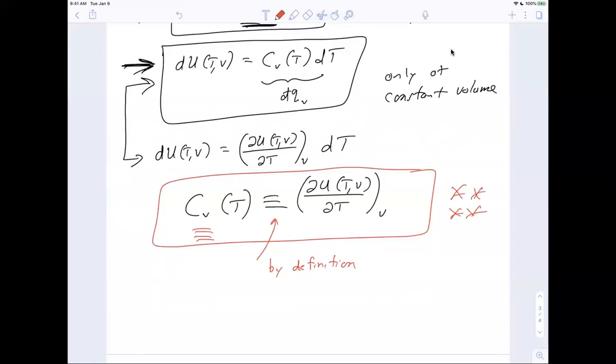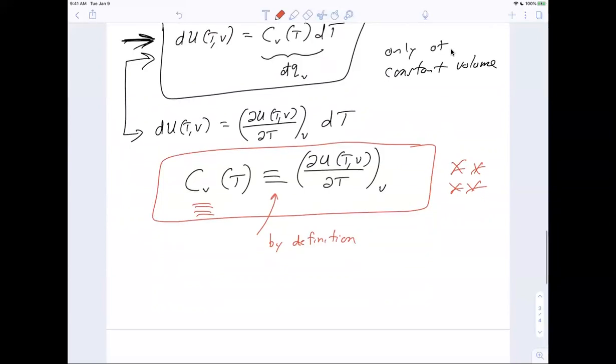But this is obvious. You couldn't take the partial of U with respect to T at constant volume if U were not some function of volume. So this is the most rigorous and most fundamental definition of the heat capacity at constant volume. Any questions or comments? This is very important.